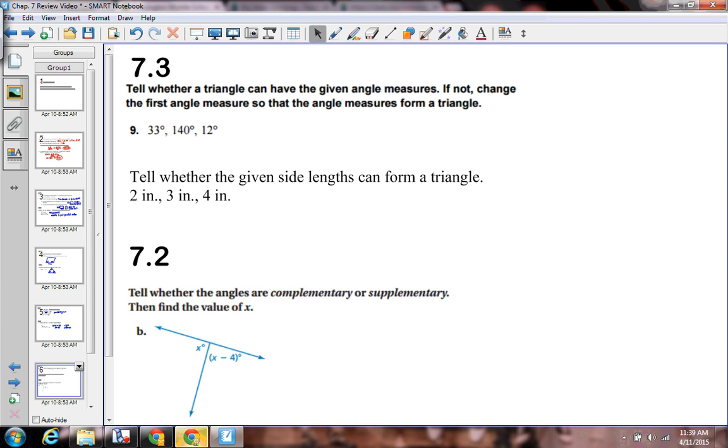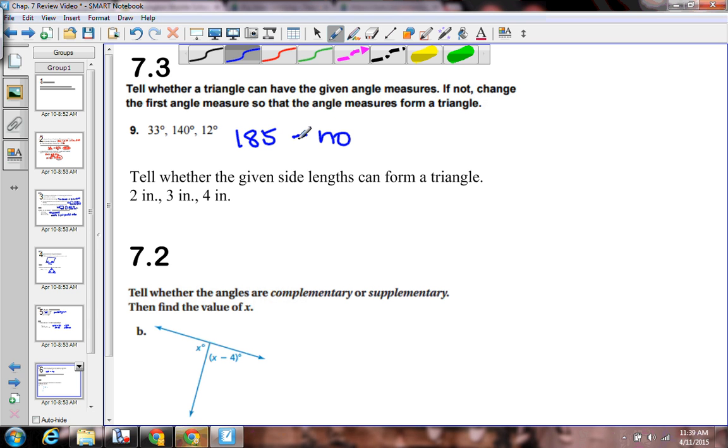Let's tell whether the 3 angle measures will form a triangle. They add up to 185. So no, that is not going to make a triangle. Must be 180. And then we have to tell whether the side lengths would form a triangle. Our two shortest sides, 2 plus 3, must be greater than our largest side, and it is.